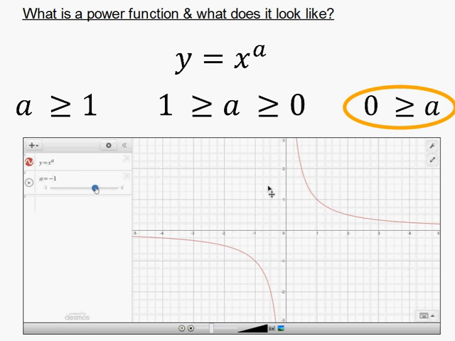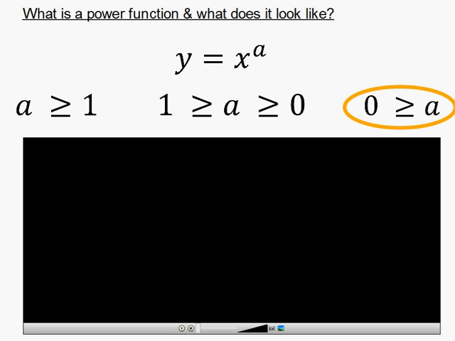Yet again, it's flipping positive and negative on this side and sometimes disappearing completely. So really, with power functions, we have a wide variety of behaviors, which makes it very, if you excuse the pun, powerful, because we can model a lot of different shapes with one function. And that's what power functions look like.